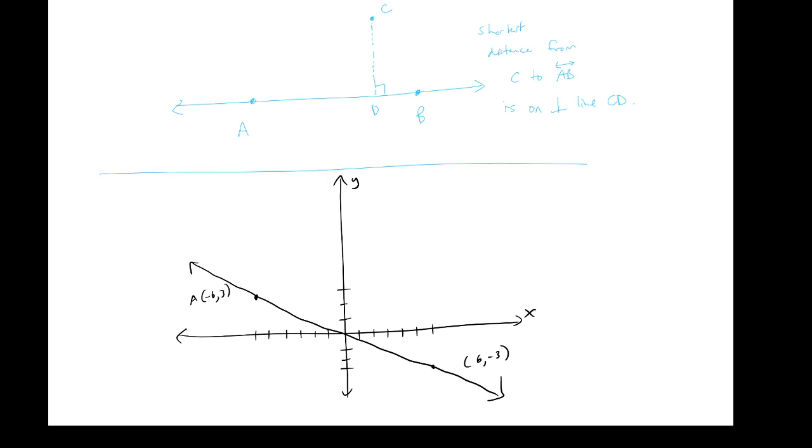Moreover, we're going to have negative 4, 2, which is on this line, okay? And this is point D. And then we're going to have negative 1, up 8, C, which is negative 1, 8.